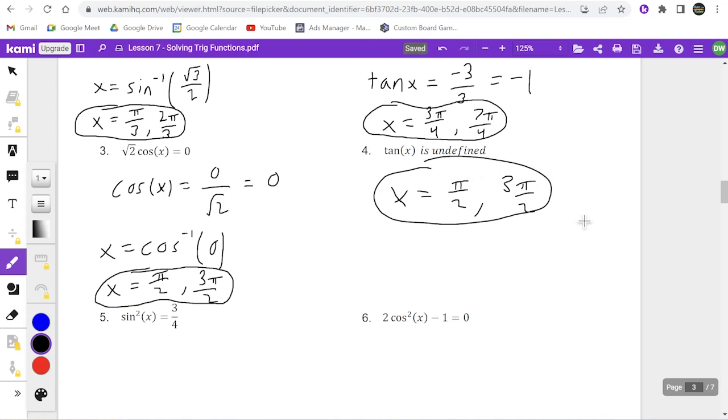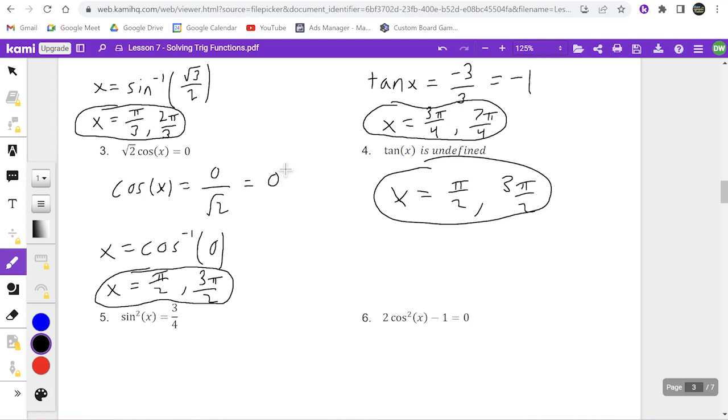You'll also notice that questions 3 and 4 had the exact same answer. I mean, that's a coincidence, but notice how you can have wildly different answers. Like, for instance, tangent x was undefined, cosine x was 0. So it really helps if you know your unit circle, because it's not like you're going to use intuition a lot of times. A lot of times it's just memorization, to be perfectly honest.